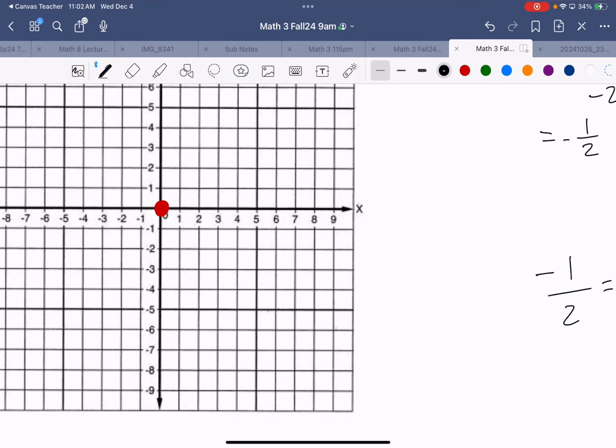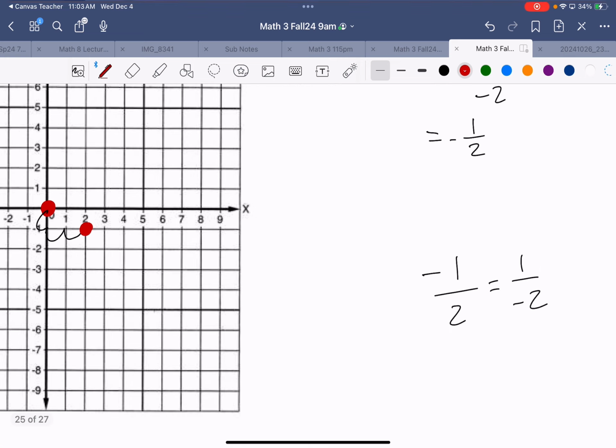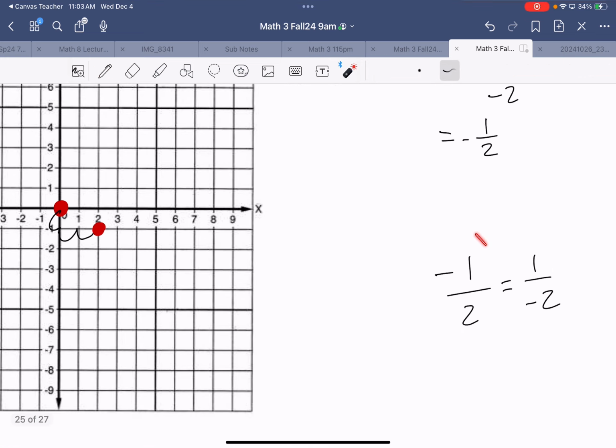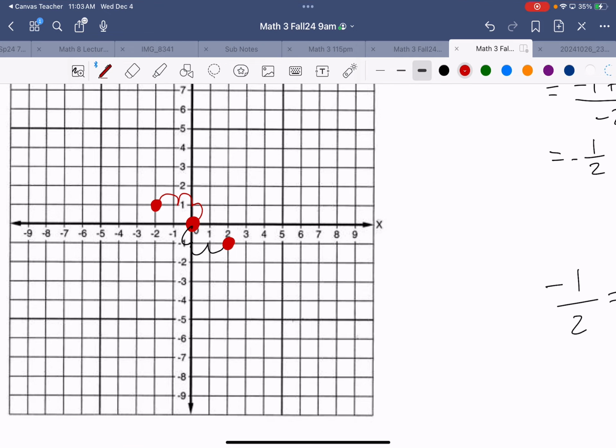So either way, if you go down 1 and right 2, that's the same thing as, right? So you can do this one, which is down 1, right 2, or you can go up 1 and left 2. But they both give you the same direction.